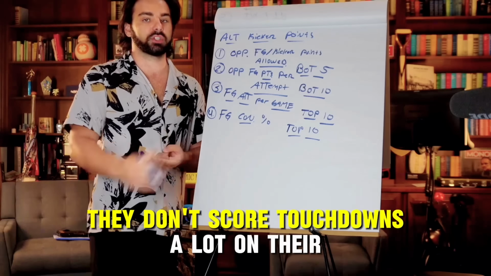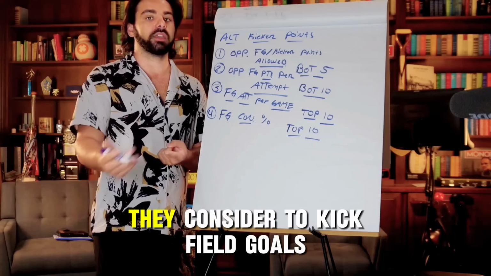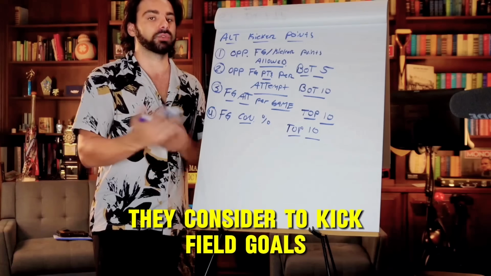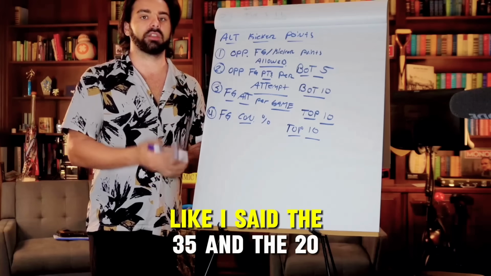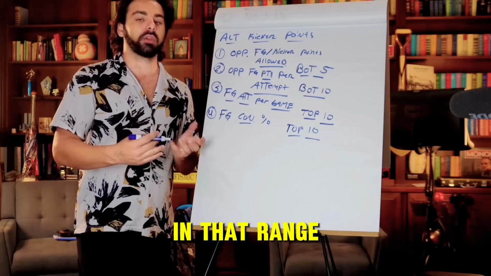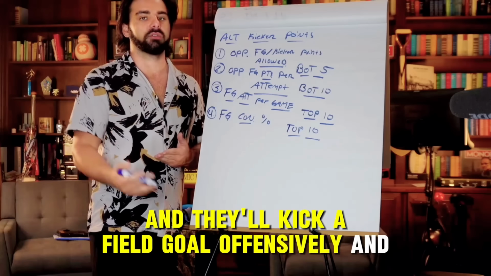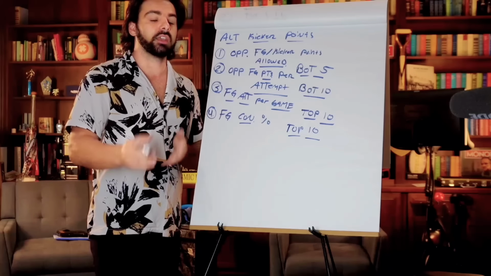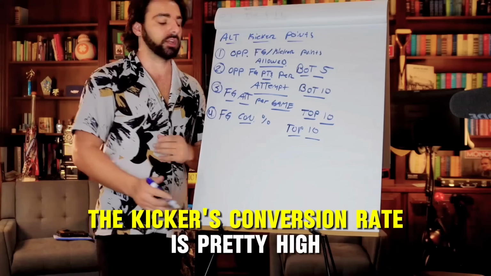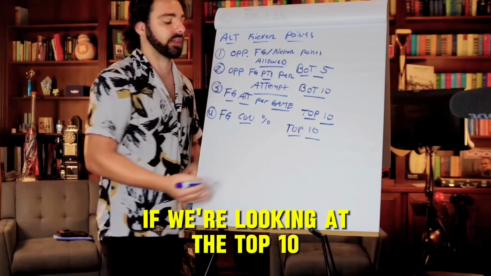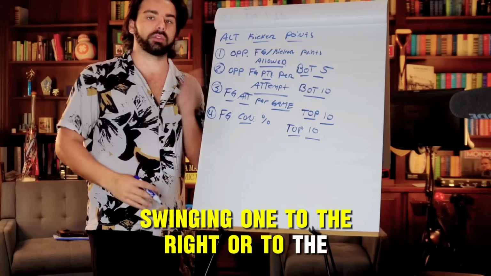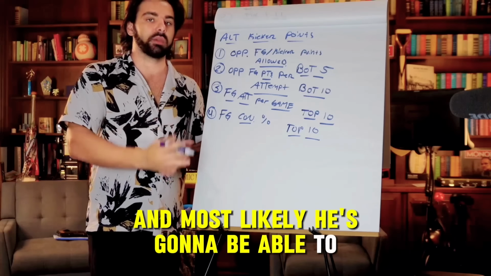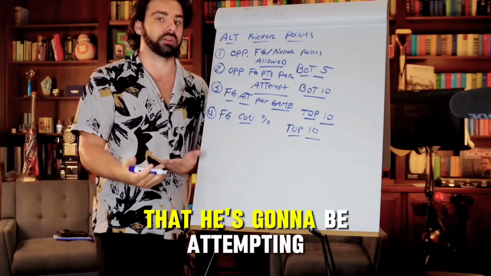They don't score touchdowns a lot on their drives. They tend to kick field goals more than drive it into the end zone, getting stuck between the 35 and the 20. And on top of that, the kicker's conversion rate is pretty high, meaning that he's not going to swing one to the right or to the left, and most likely he's going to convert on the field goal he's attempting.